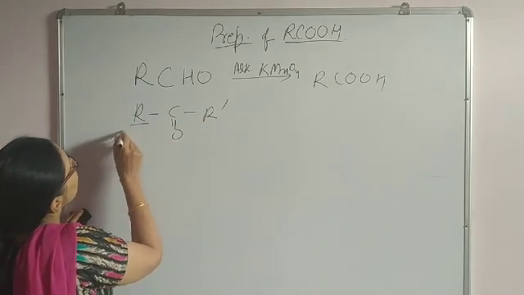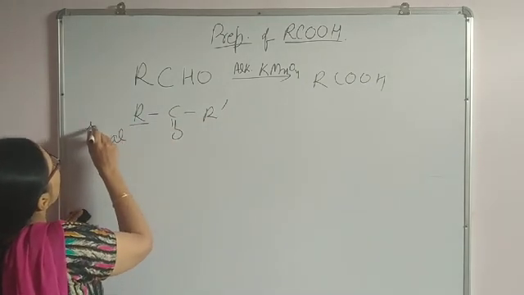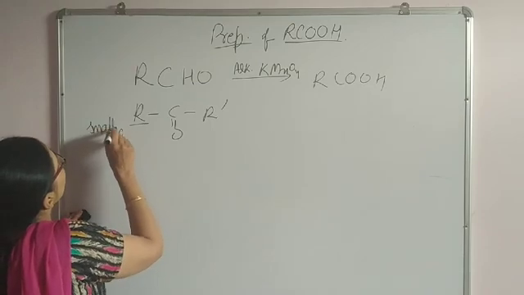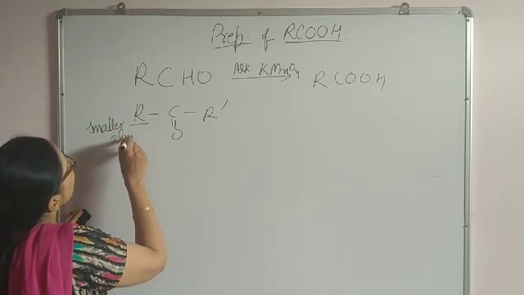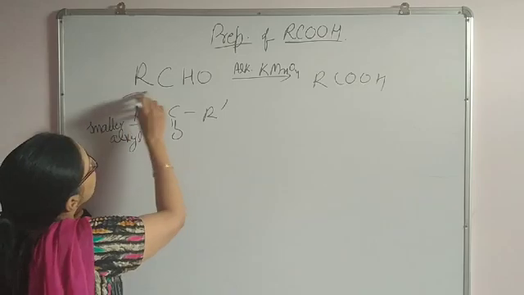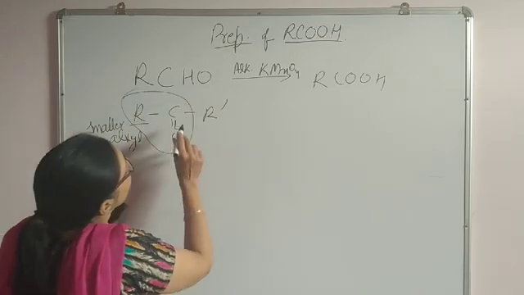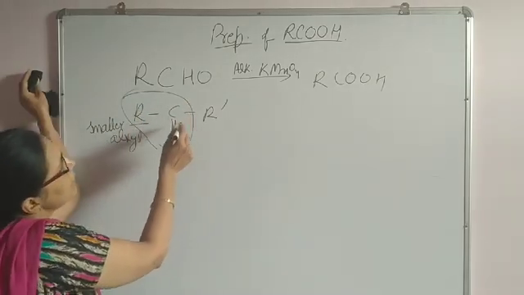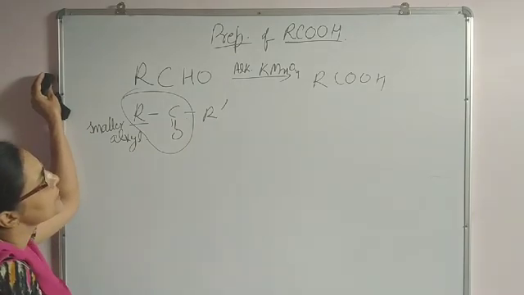Next method, RC double bond O R dash. Suppose the R group is a smaller alkyl. Then this bond will be broken and this CO group will go this side.